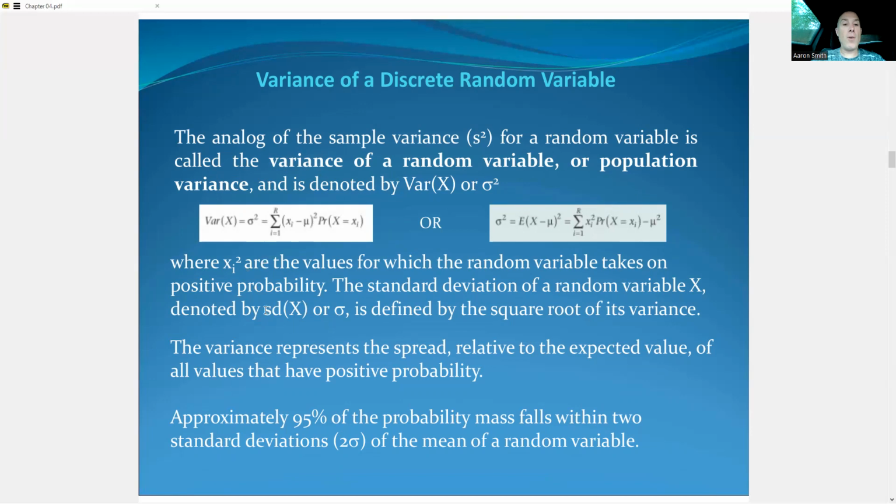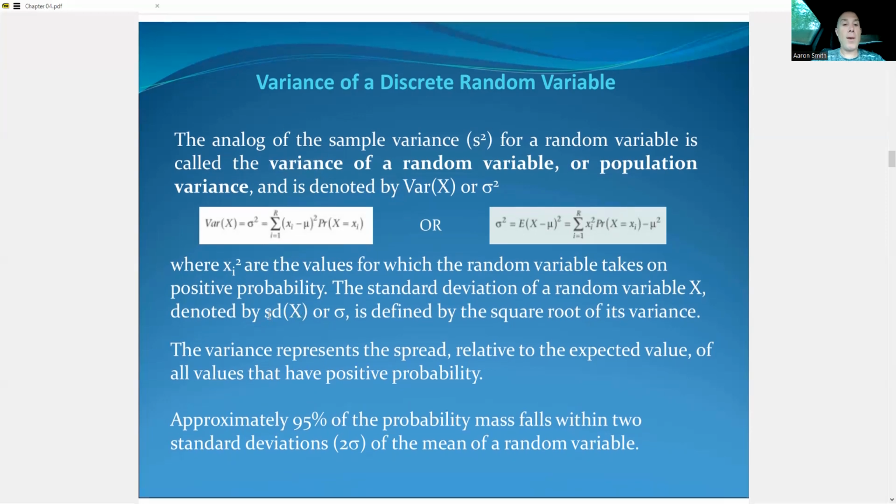Now, if I want the standard deviation of the population, I'm going to take the square root of the variance, which should feel very natural, because we do the same thing to go from sample variance to sample standard deviation. So the expected value gives us an idea of central tendency, of where our probability distribution is along the real line.